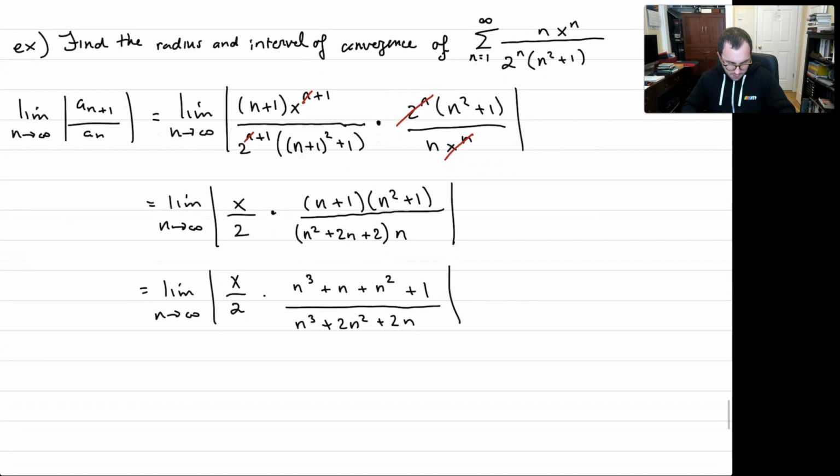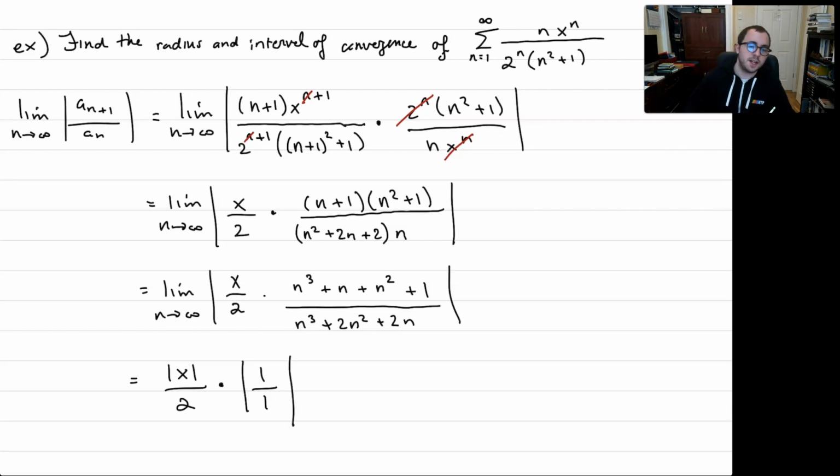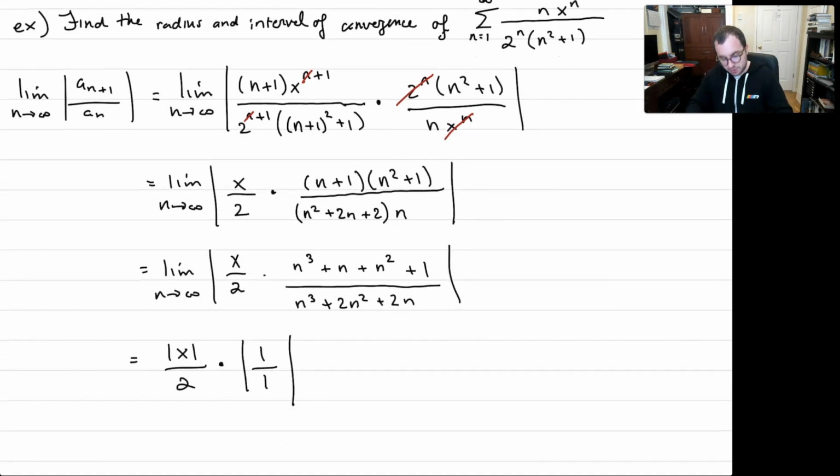Okay, we're going to have x over 2 times the absolute value of 1 over 1, because the highest power on the numerator is n cubed, the highest power on the denominator is also n cubed, so that limit is 1 over 1, and the absolute value of 2 is 2. So this is the absolute value of x over 2. So the limit of absolute ratios is x over 2.